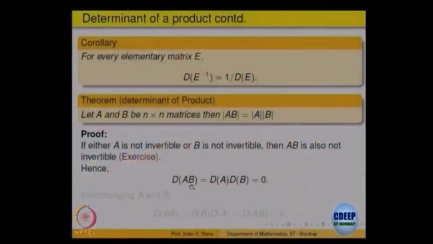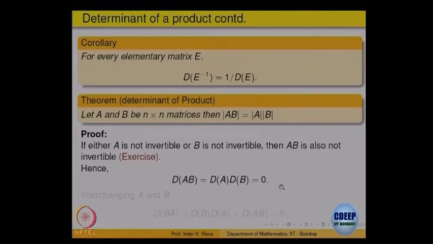So, check that. In that case, what will happen? If AB is not invertible, what is the determinant? Just now we checked that A is invertible if and only if the reduced row echelon form is the identity, and the determinant is equal to 1 or 0. If invertible, the determinant of the reduced row echelon form will be 1, otherwise it will be 0. So, if AB is not invertible, its determinant is equal to 0, and at least one of A or B is not invertible, so one of the terms on the right hand side is 0.